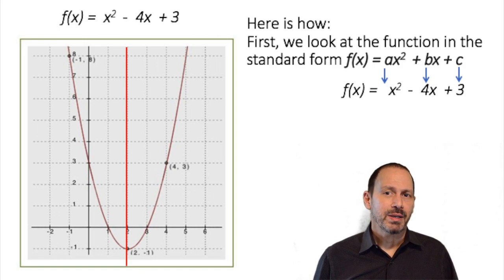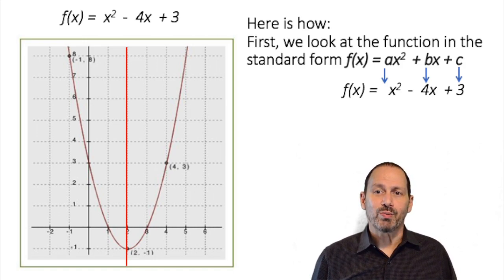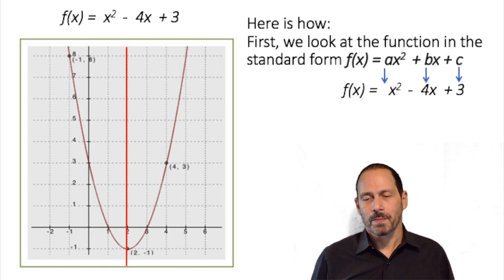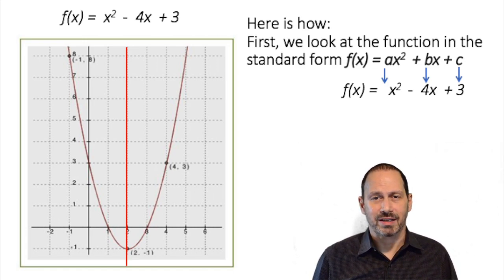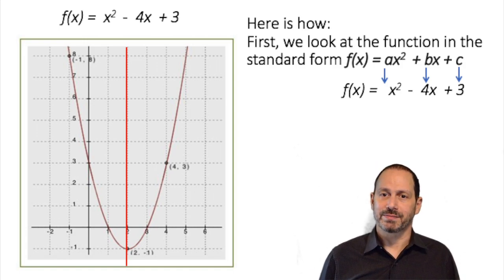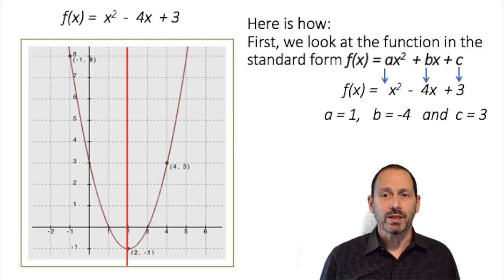Then you have b. b is going to be the coefficient -4. And c, the constant, is going to be 3. So there you have it. a is equal to 1, b is equal to -4, and c is equal to 3.